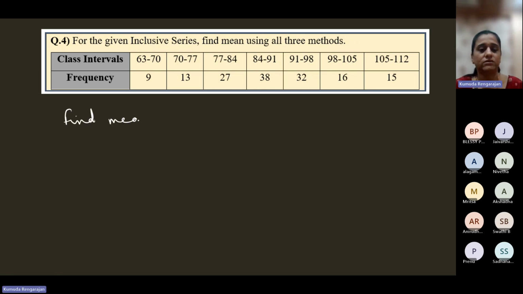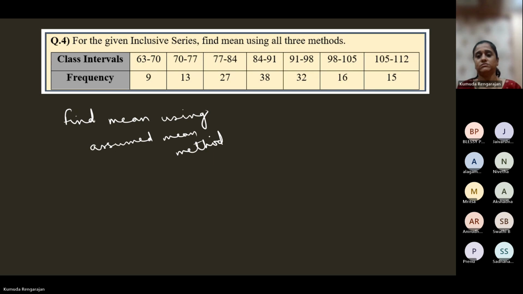Find mean using the assumed mean method. All right, I'll just get back in about 10 minutes. Please work.